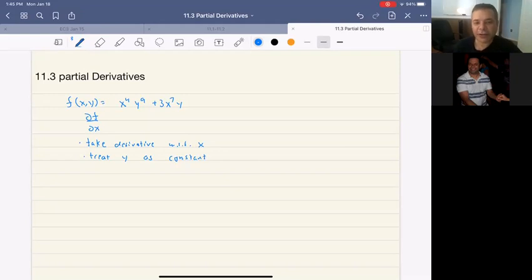Okay, so the partial of f with respect to x is 4x cubed y to the ninth plus 21x to the sixth y.